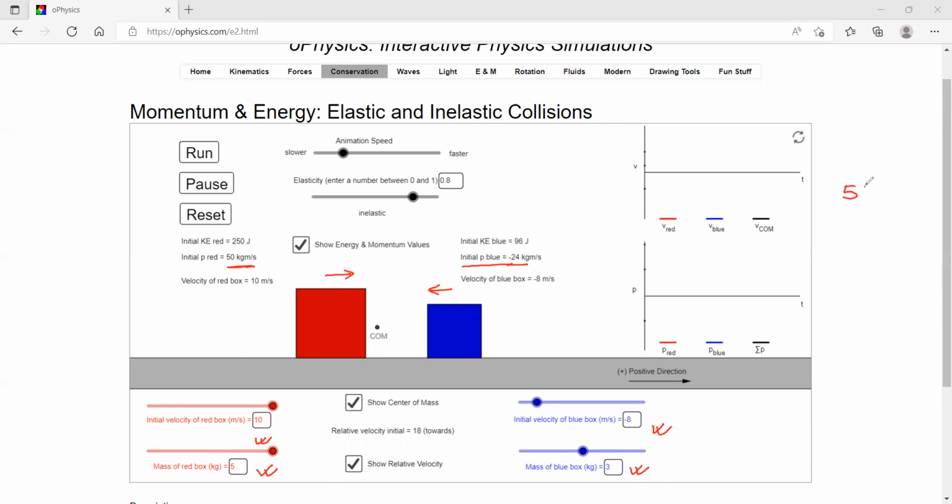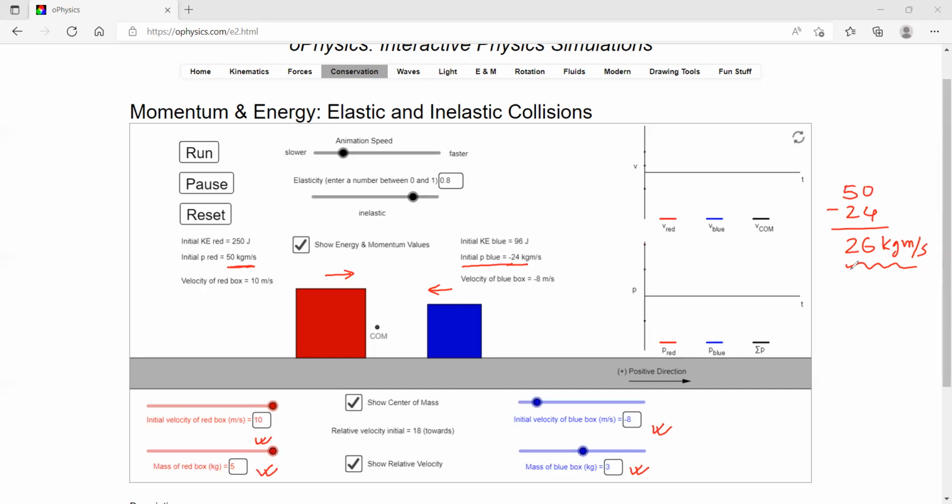So 50 minus 24, the total momentum is 26 kilogram meters per second. Conservation of momentum tells us that after the collision, the total momentum should be 26 kilogram meters per second. Let's see whether that is the case.